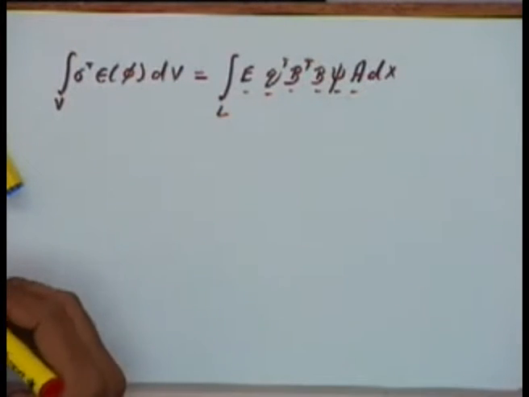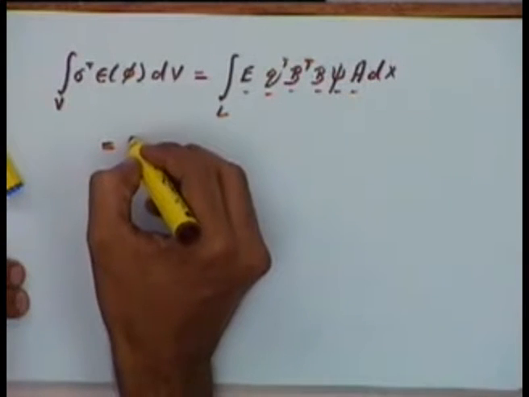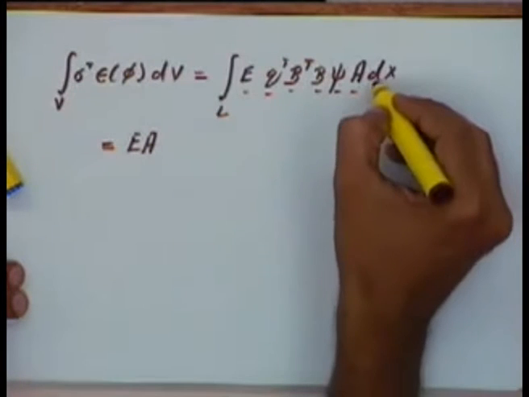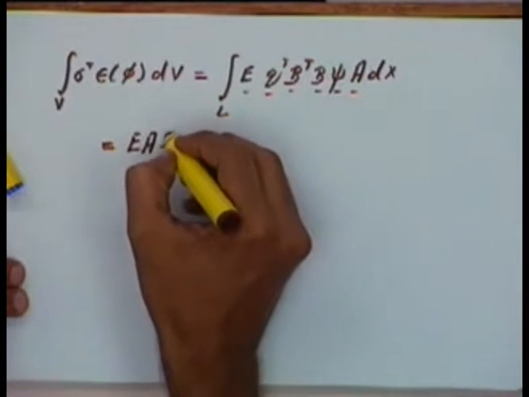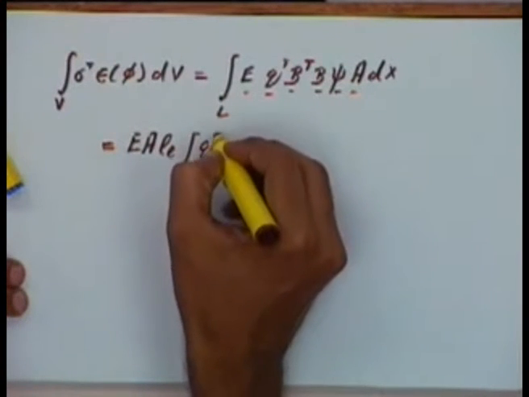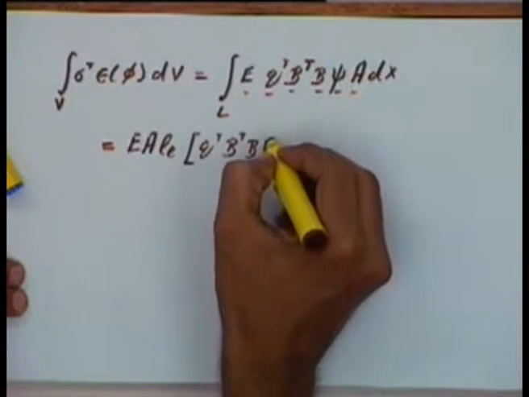So if I put all these values here, this will be equal to E into A multiplied by integral of dx, which will give me LE, multiplied by Q transpose B transpose B psi.